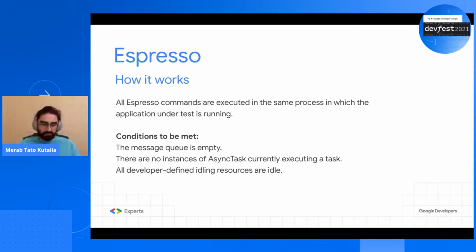What does it mean? So our application runs in some kind of process, an actual Linux process, and the Espresso, as I mentioned, is running in the same process. So it means that they share the same event queue, the message queue it's called, and this is a very good thing and also a bit of a problem.